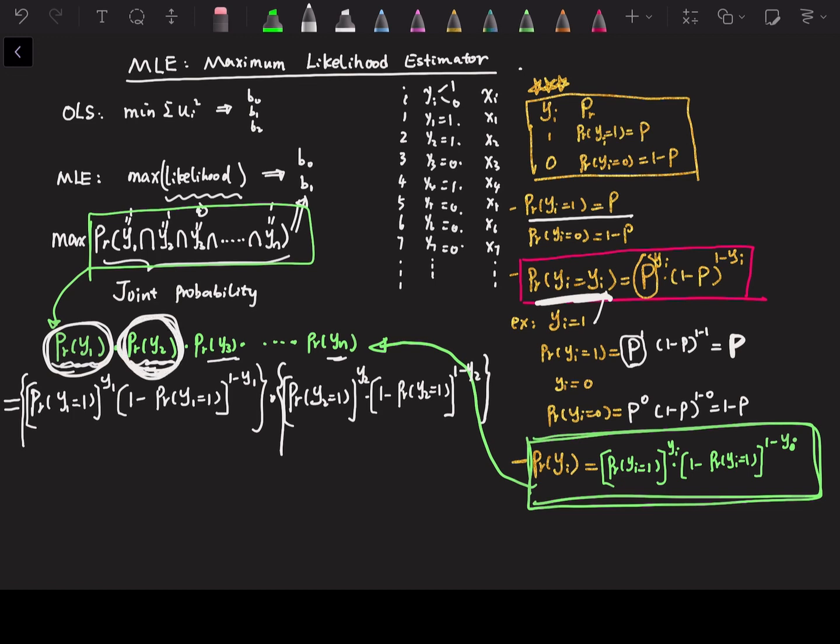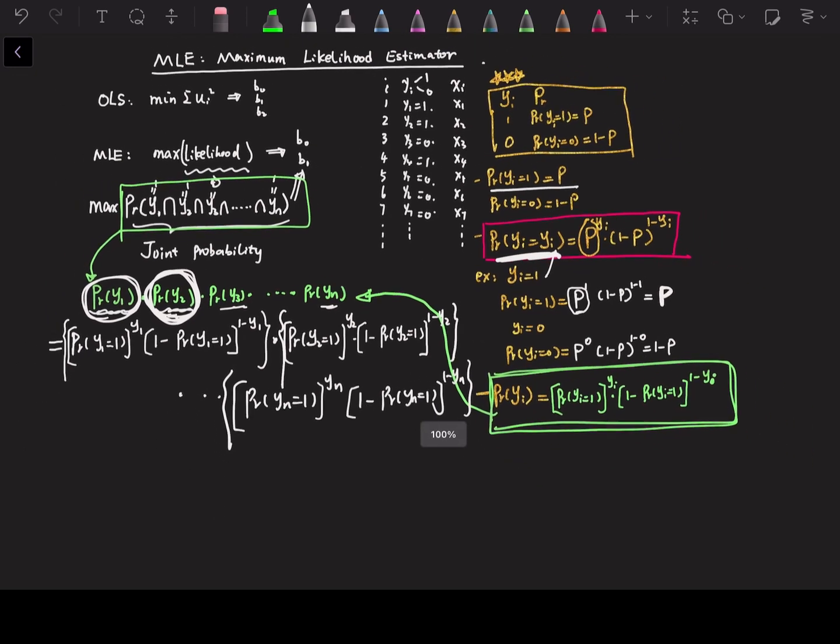And times all the way to the last term, the probability that yn is 1 to the power of y sub n times 1 minus the probability yn is 1 to the power of 1 minus y sub n. That's the joint probability, or likelihood function.